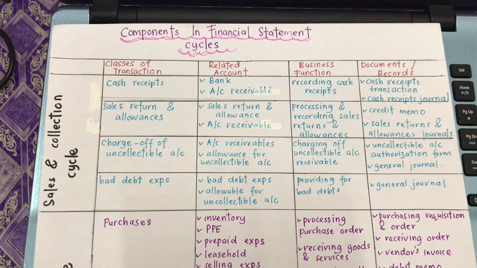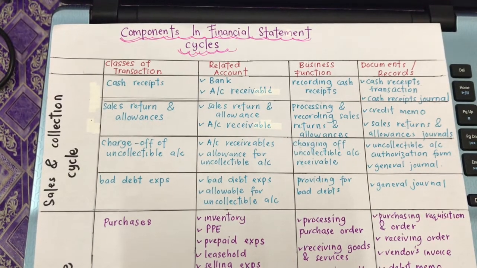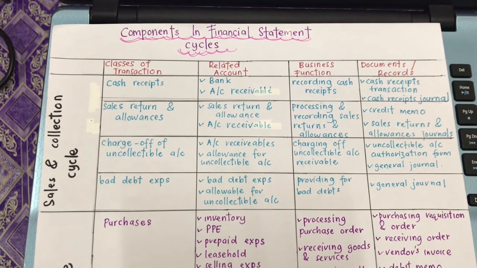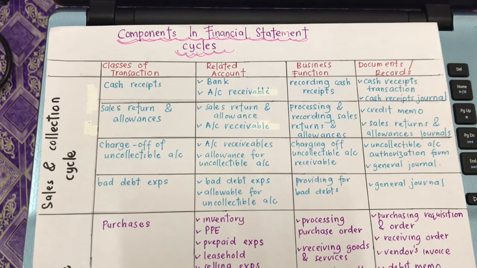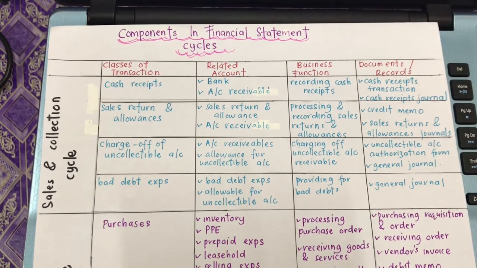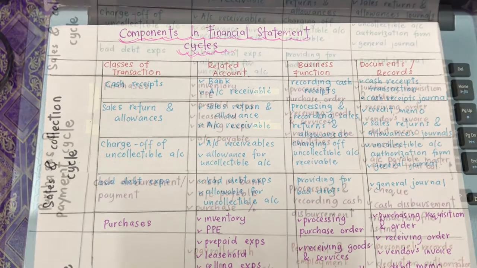The business function is charging of uncollectible account receivable, and it can be recorded in uncollectible account authorized form and general journal. Bad debt expenses is related to bad debt expenses and allowance for uncollectible account. The business function is providing for bad debts, and it can be recorded in general journal.